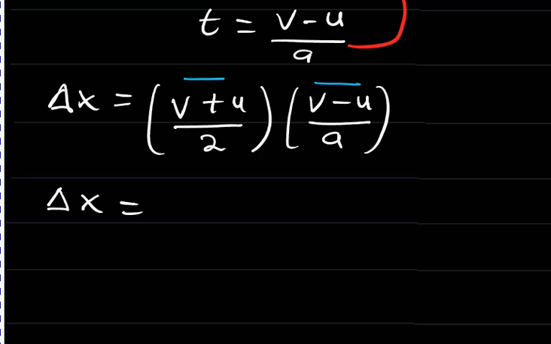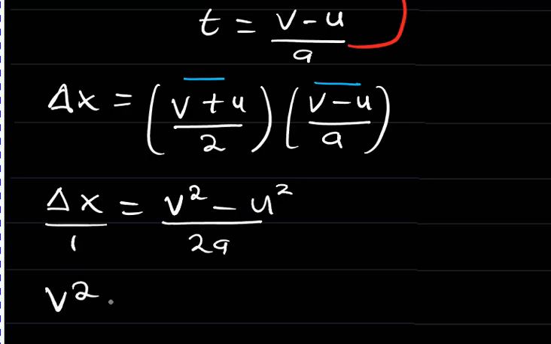That is what we refer to as difference of two squares in mathematics. Once you see such a bracket, to expand it you use the difference of two squares method. So the numerator is the same as v square minus u square. Then 2 multiplied by a is 2a. All I need to do at this point is to cross multiply. If I cross multiply, I have v square minus u square is equal to 2a delta x.